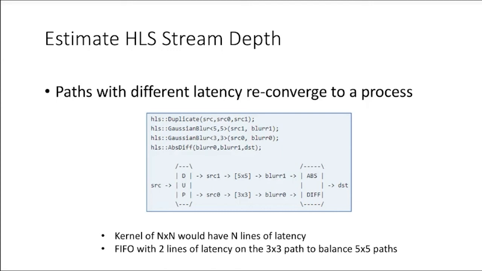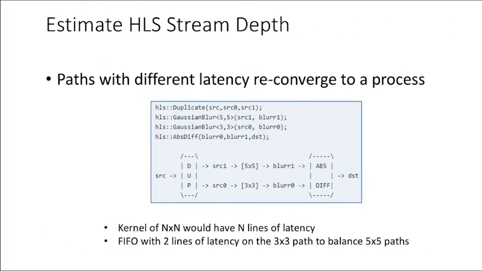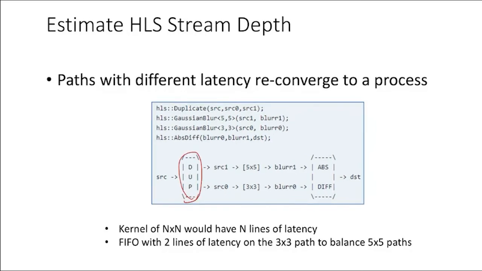Okay, let's look at this simple example here. There's a duplicate function, and then it goes to two Gaussian blur functions, and then they remerge to the absolute difference function. However, these two paths have different latency.